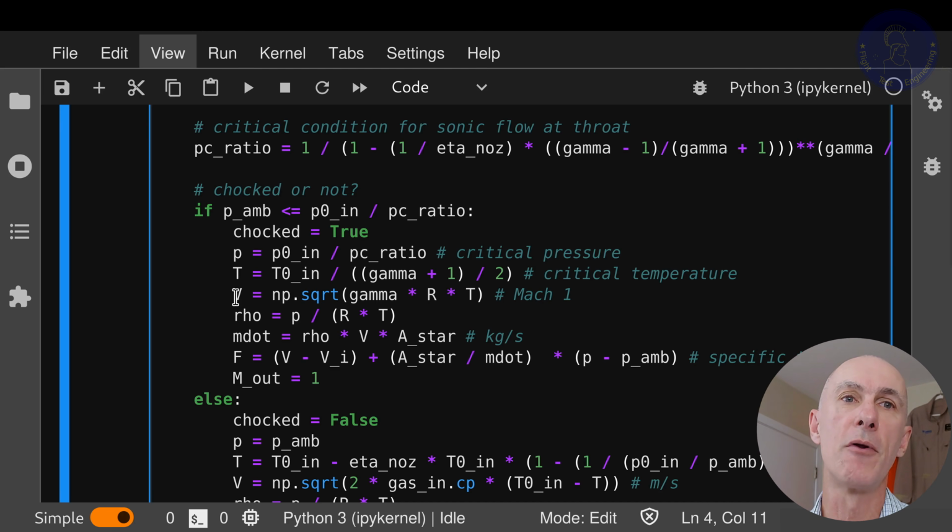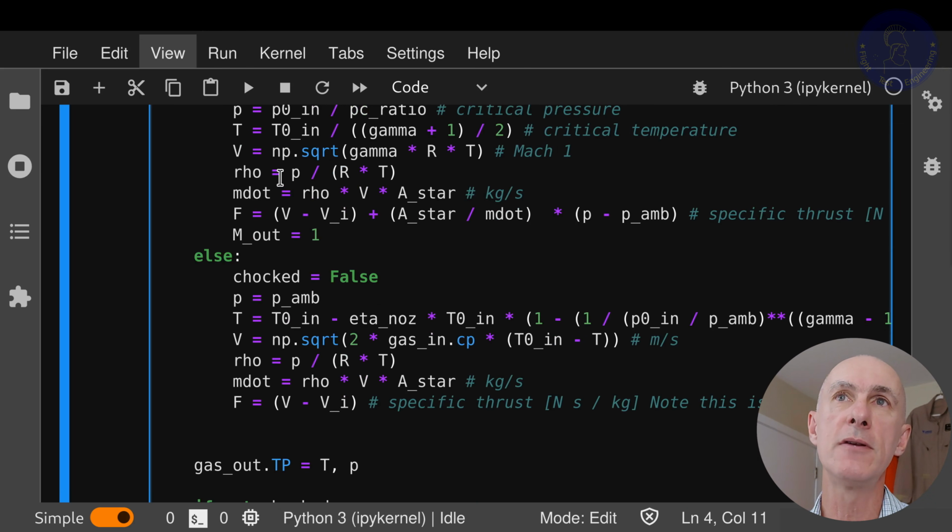Then we calculate the flow speed, which will be the speed of sound, square root of gamma R T. And remember that Mach is going to be 1 in this case because we're choked. Then we calculate the density, then the mass flow from rho V A star, and the specific thrust delta V plus A star over m dot times delta P. If it is not choked, then we set the flag to false.